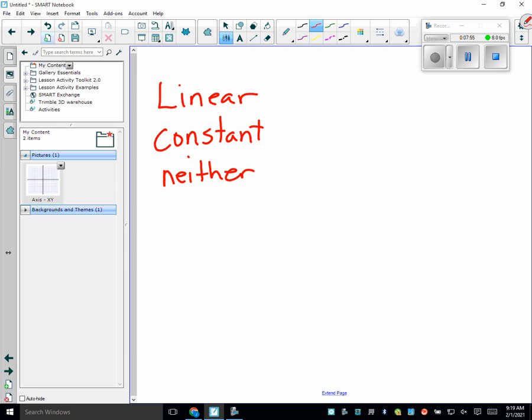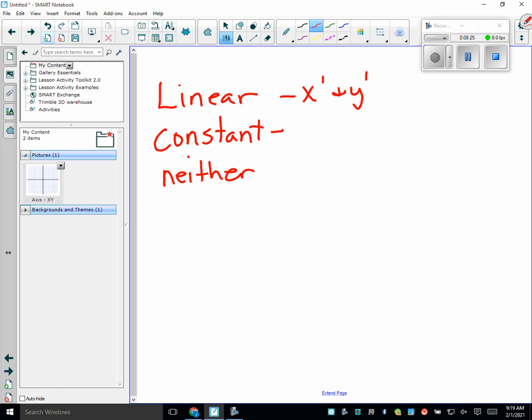If x and y are both raised to the first power, it's a linear line. That's what it's called, a linear function, actually. So if they're not raised to any power, they're just normal, it's linear. Okay? So this would contain x to the first and y to the first, right?